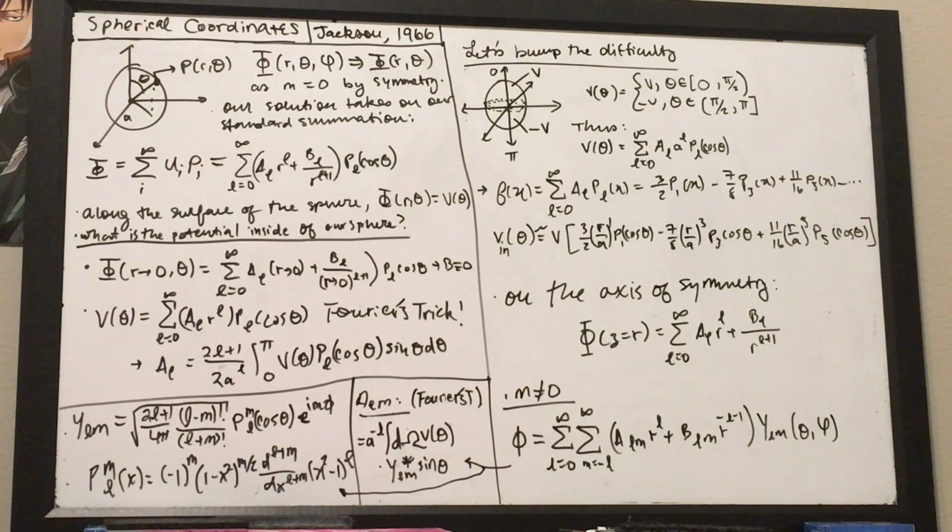M can take on all values of plus or minus L, so we have to sum first from negative L all the way to positive L. For instance, if L is equal to 2, then m can assume values of negative 2, negative 1, 0, 1, and positive 2.